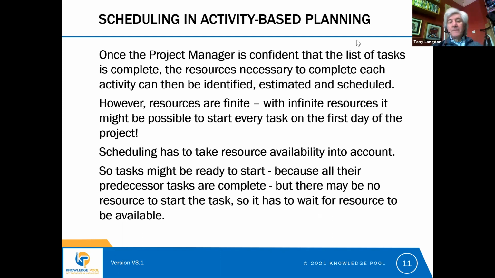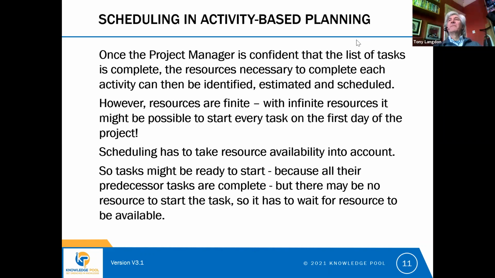So, once the project manager is confident that the list of tasks is complete, we can move on to identifying the resources that are necessary to complete the task. We can estimate how long the task will take, and we can then schedule that task, because we need to decide when that task is going to start.